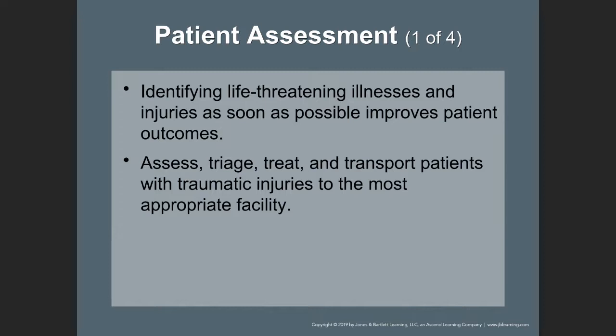Life threats need to be addressed in a timely manner. The goal is less than 6 minutes, and we want to limit our unseen time to less than 10 minutes. Assess, triage, treat, and transport patients with traumatic injuries to the most appropriate facility. And the most appropriate facility might not necessarily be the closest facility.